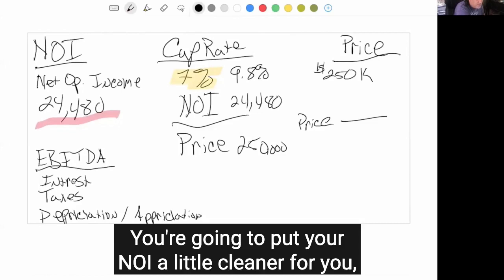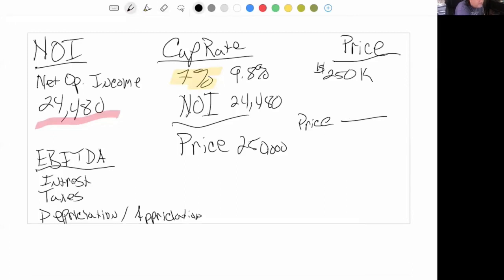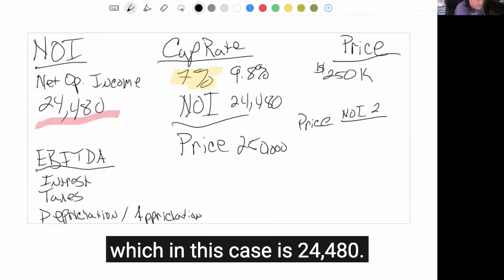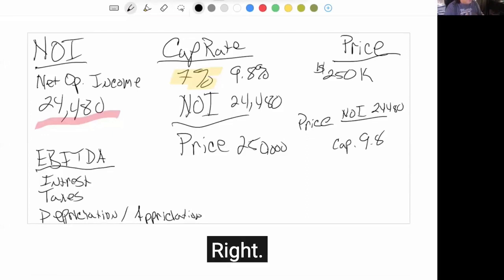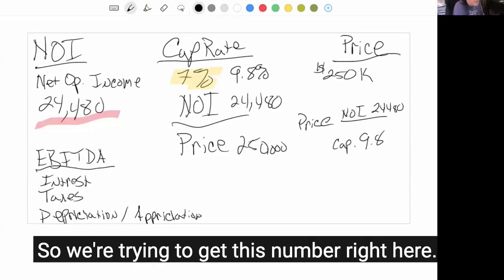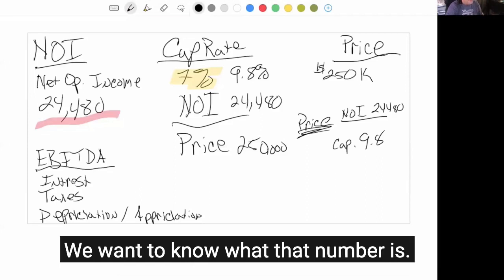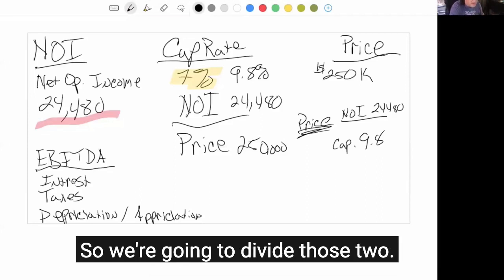You're going to put your NOI, which in this case is 24,480. And you're going to put your cap rate right here, which we know in this case is 9.8, right? So we're trying to get this number right here. We want to know what that number is. So we're going to divide those two.